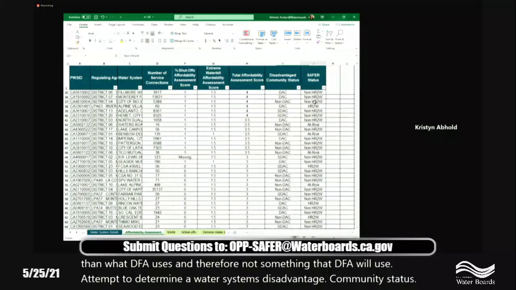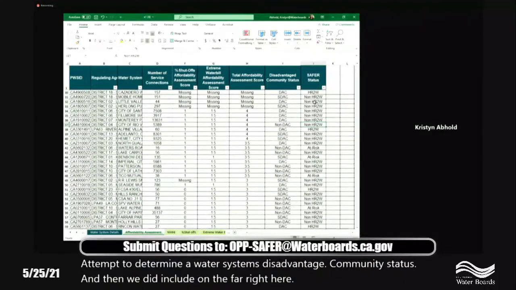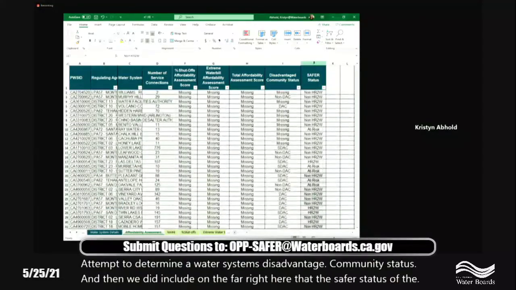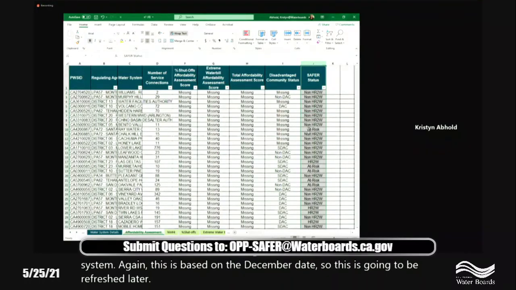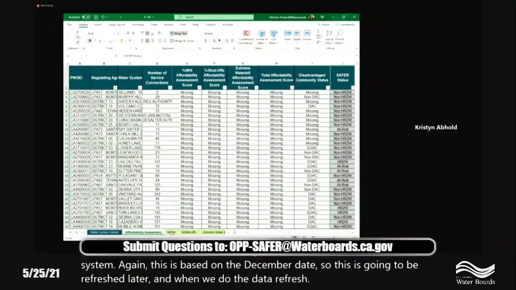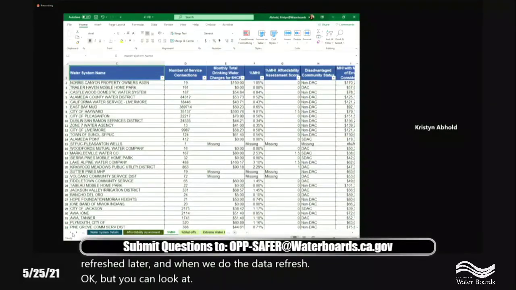And then we did include on the far right here the SAFER status of the system. Again, this is based on the December date, so this is going to be refreshed later when we do the data refresh.